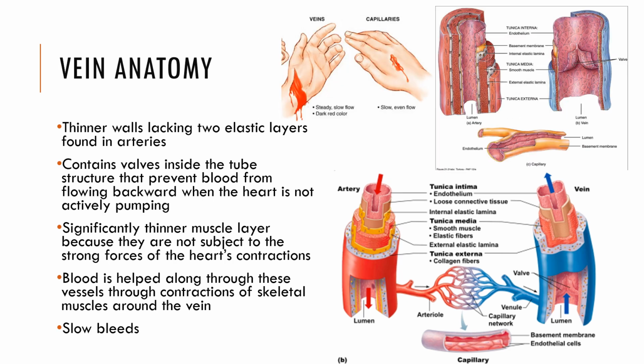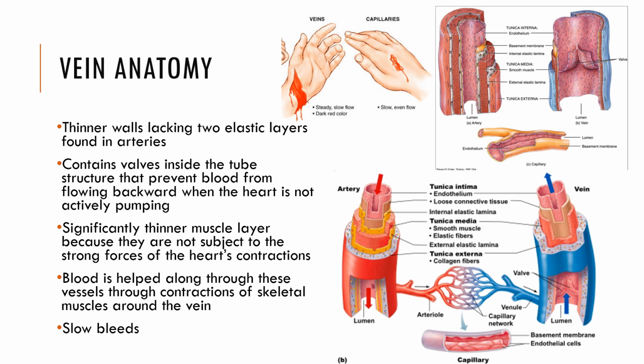Veins, on the other hand, are the opposite side. So once all of the blood has taken the oxygen to all of our tissues, it now has to make its way back to the heart. So the veins carry deoxygenated blood. And they don't have these elastic layers that the arteries have because it's not really under that much pressure anymore.